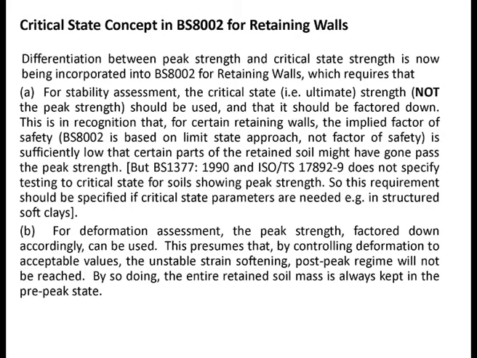This comes back to Mike Duncan's point about some people using a quarter peak plus three-quarters ultimate, half peak and half ultimate, three-quarters peak and a quarter ultimate, that kind of thing. But the BS 8002 stand is very clear: for stability, you use the critical state. But you don't factor it down, because the critical state is already very low. Okay?